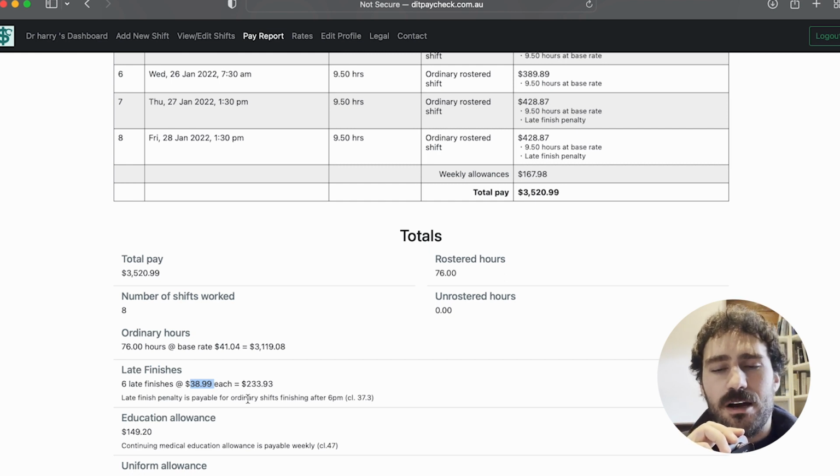Okay. So that's why they include this late finish penalty. And that's just a way of contributing to your remuneration for working outside the typical 9 to 5 hours.